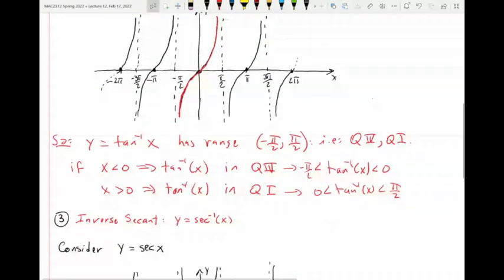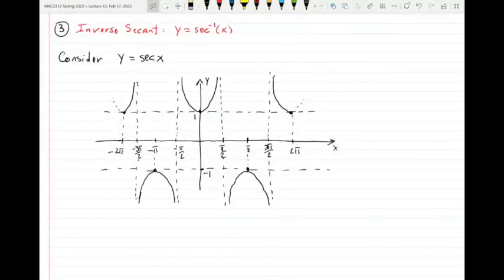So as for sine and tangent, now for secant, again, same idea. What restriction do we make? Again, we want to have 0 whenever possible. So we pick this one, and then we pick this one over here. Notice that I cannot get into this part right here because we lose the 1 to 1. We cannot get into this part right here either.